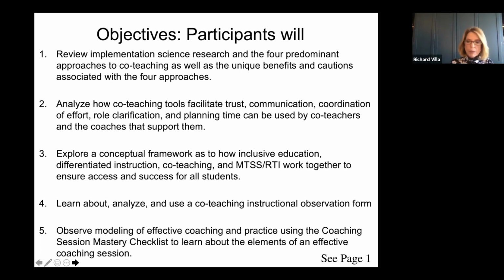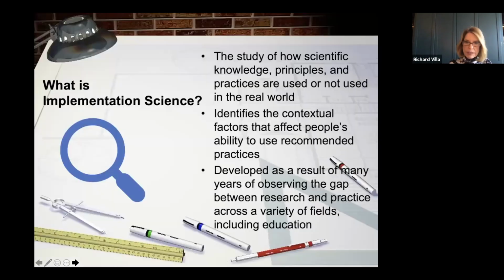So we started with implementation science, and we said we're going to quickly review. So what is implementation science? It's the study of how any scientific knowledge, principles, practices are used and not used in the real world.